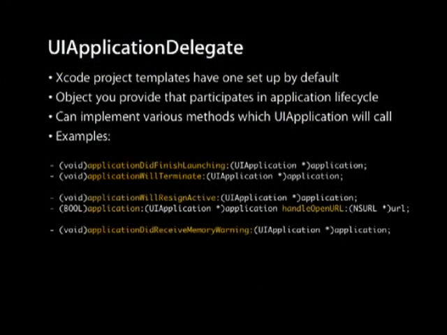I have an application. It needs to tell me that things are happening: didFinishLaunching, willTerminate, willResignActive, handleOpenURL. All these different things are things that my running app needs to know about, and it needs to know about them without being able to subclass UIApplication.